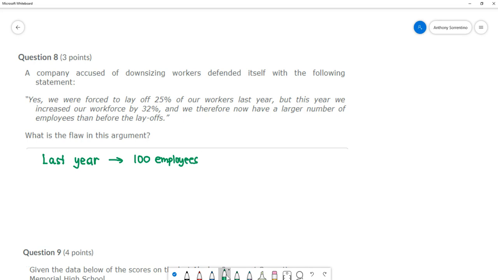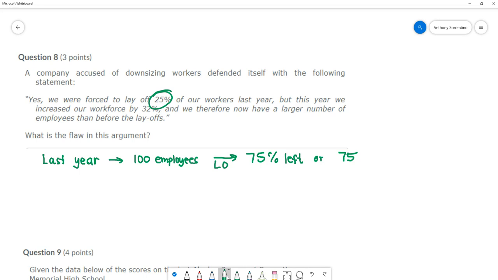If we laid off 25%, that means we would have 75% left after the layoffs. Since it was out of 100, that's 75. So if there were 100 people working there, now we would have 75.